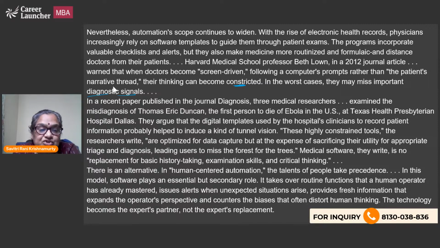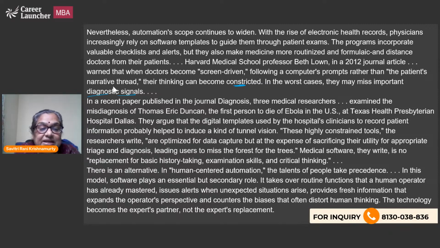These highly constrained tools are optimized for data capture, but at the expense of sacrificing their utility for appropriate triage and diagnosis, leading users to miss the forest for the trees. So the data is so specific that doctors misdiagnose because they miss the big picture, missing the forest for the trees.